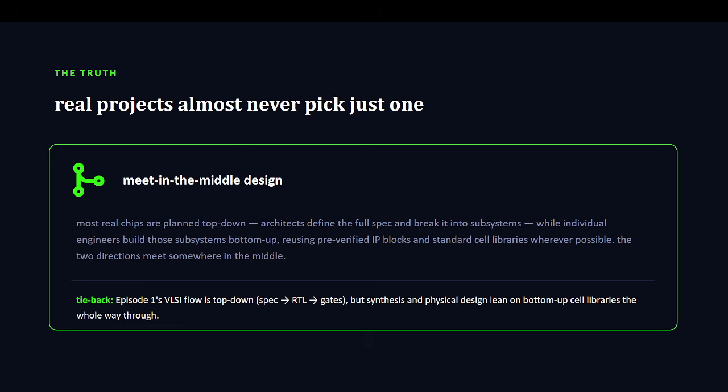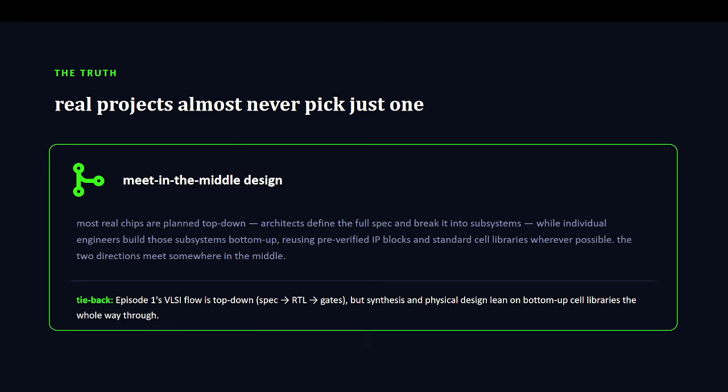But then the individual engineers actually building those subsystems work bottom up, reusing pre-verified IP blocks and standard cell libraries wherever they possibly can. Because why would you reinvent an adder that a thousand other chips already use successfully? The two directions literally meet in the middle.